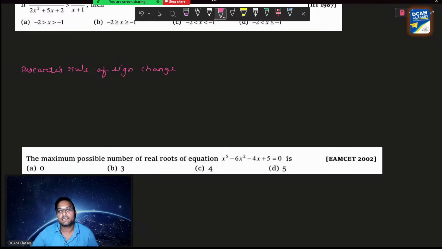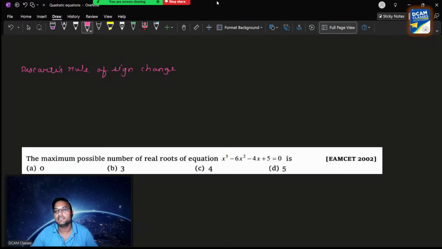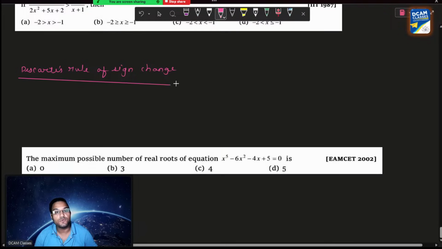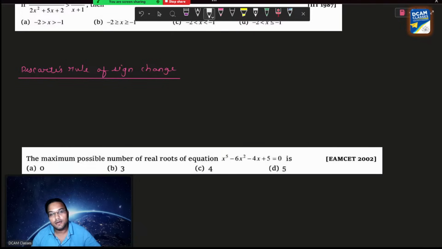See, what is Descartes' rule of sign change? Actually, Descartes' rule tells you how many positive roots you have in an equation. It's a good method. It tells you the number of positive roots that you have.